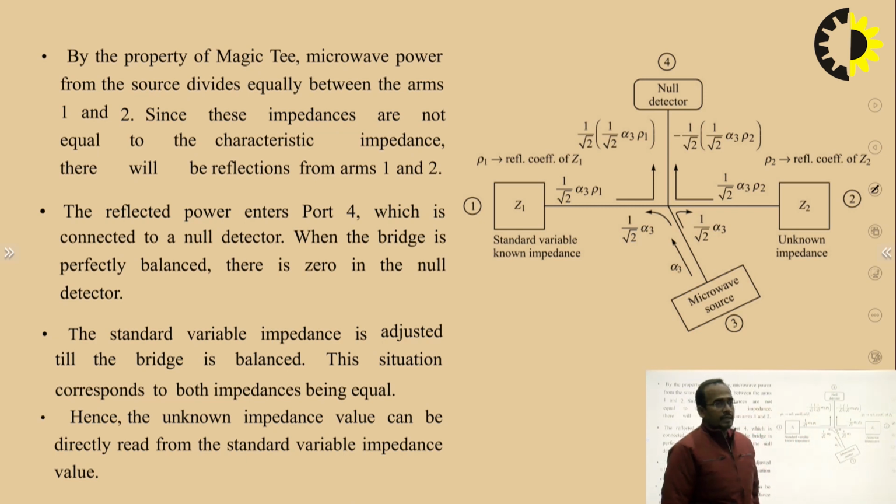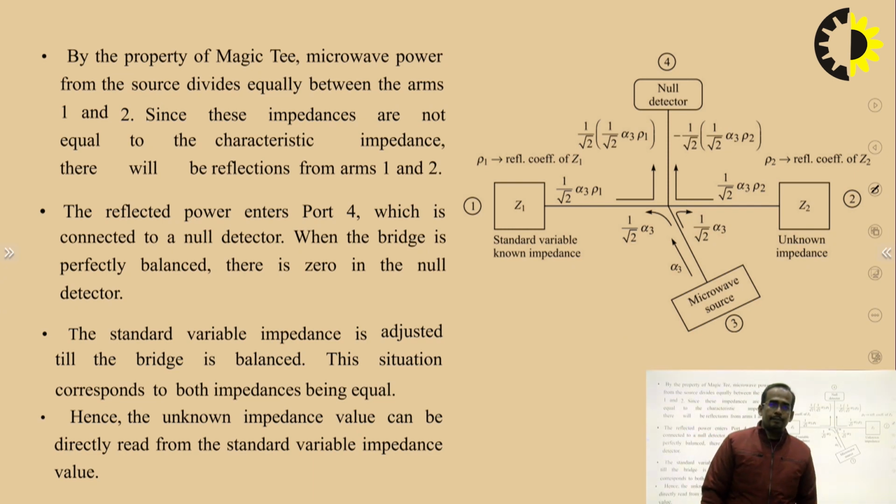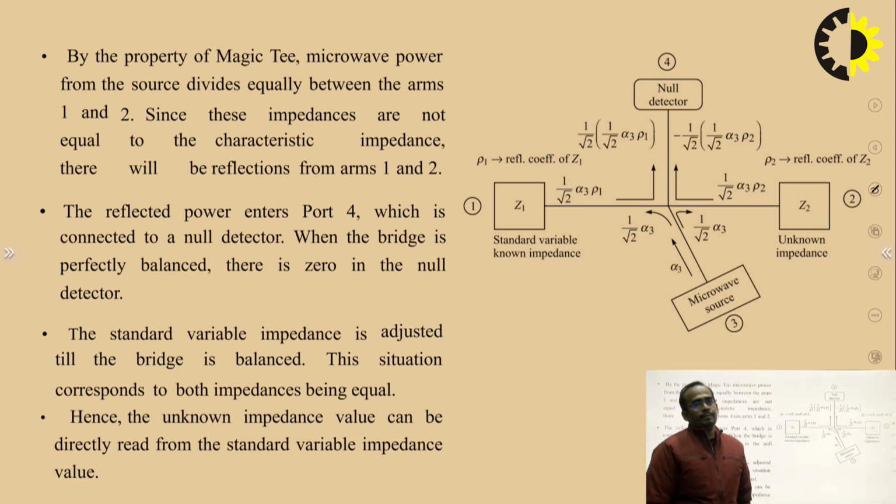It is clear that at port 1 we have connected the standard variable known impedance. At port 2 I have connected the unknown impedance. At port 3 I have connected the microwave source, and at port 4 the null detector.